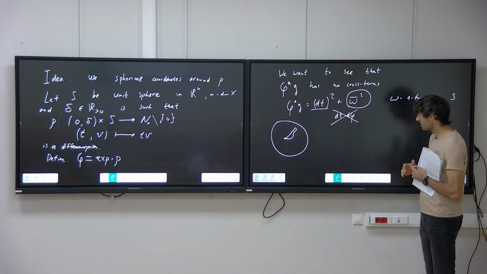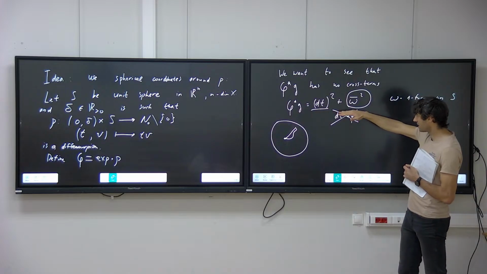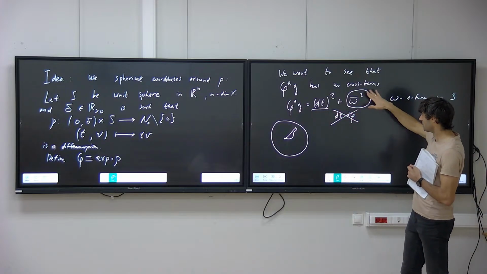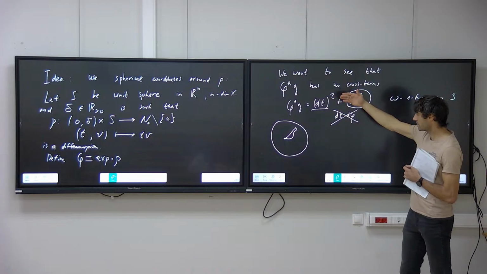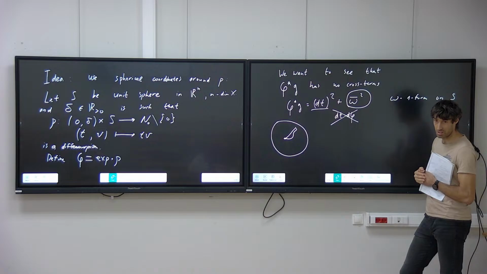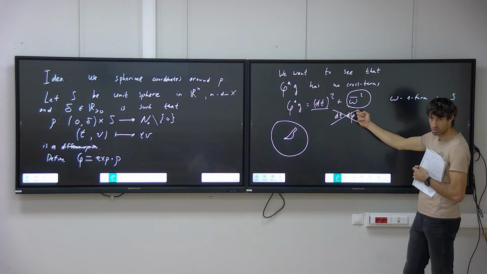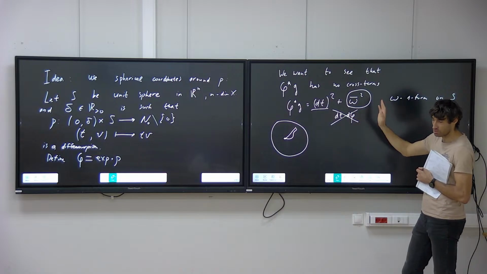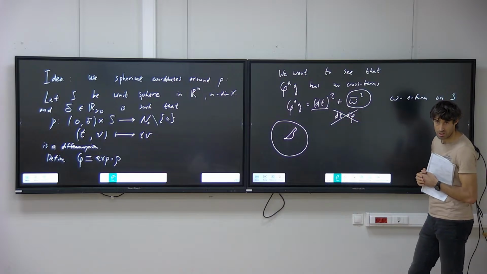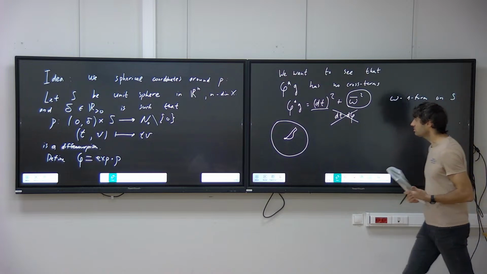So the idea is that in a geodesic only this term works. In any other curve, this also starts working, and that's why my length will be bigger. And both of them are positive, right? So some cross terms, yeah, this will screw up the argument. Yeah, makes sense. Okay.